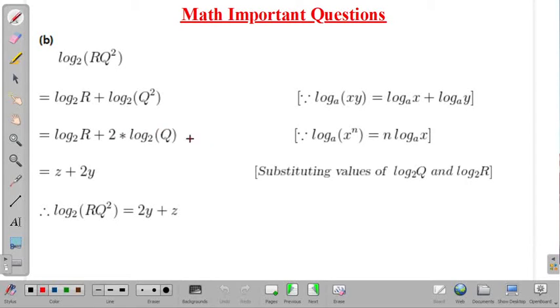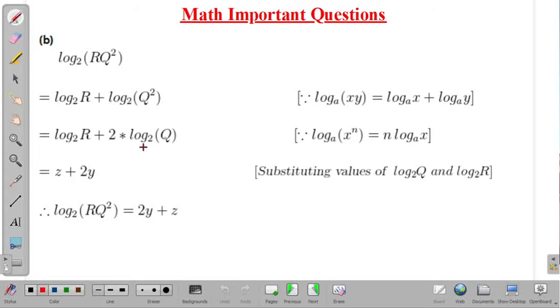And now we know that log of x raised to the power n will be equal to n log x. So it can be written as log of r plus 2 into log of q. Okay, and substituting log of r by z and log of q by y, we will get log of r q raised to the power 2 equal to 2y plus z.